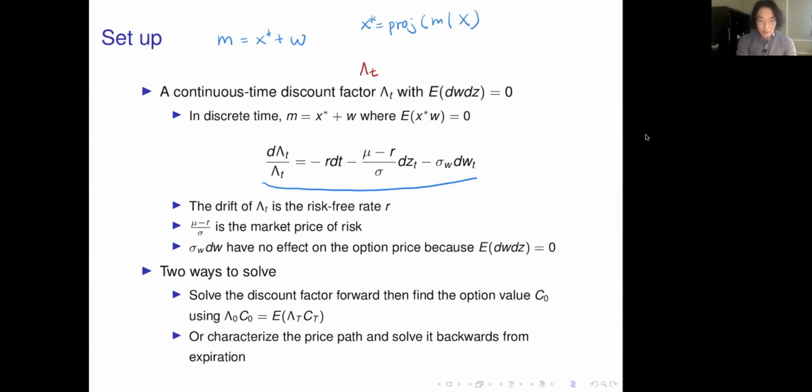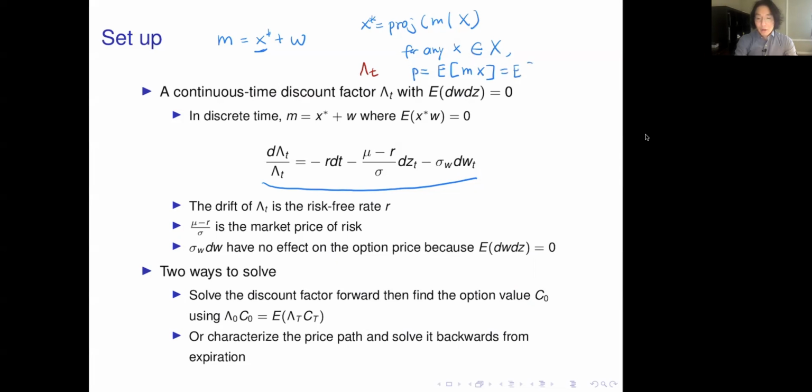Then the key thing is that x star has all the pricing information as in m. In other words, for any payoff x that is in X, the price of the payoff is given like this, but that's the definition of the stochastic discount factor.